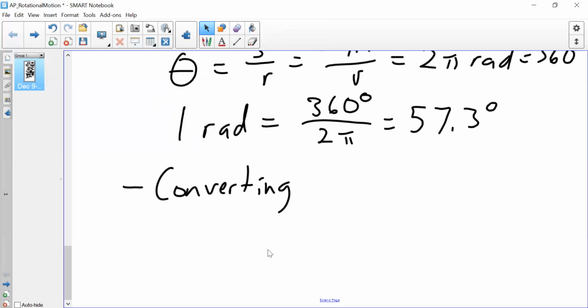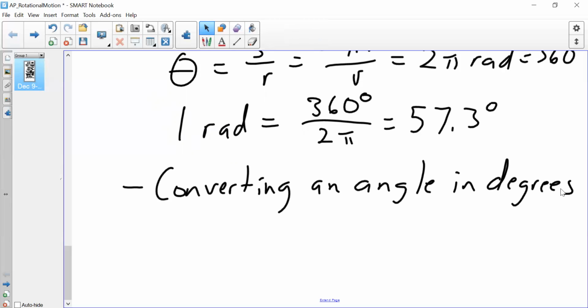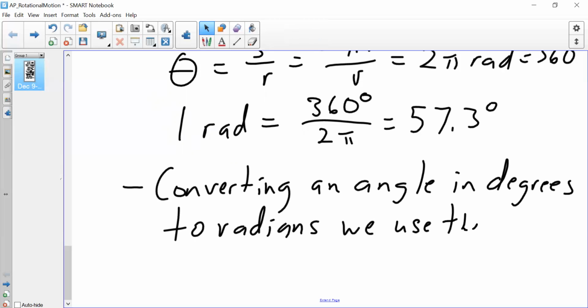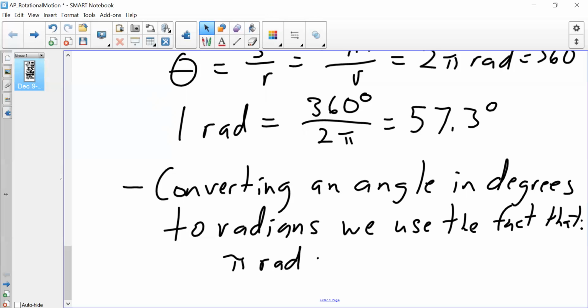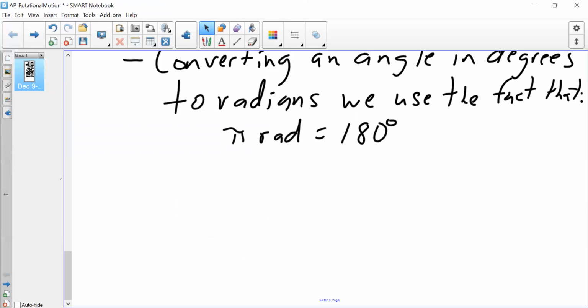So when we convert an angle in degrees to radians, for example, we can use a conversion factor. Pi radians is 180 degrees. 2 pi is 360, double it.